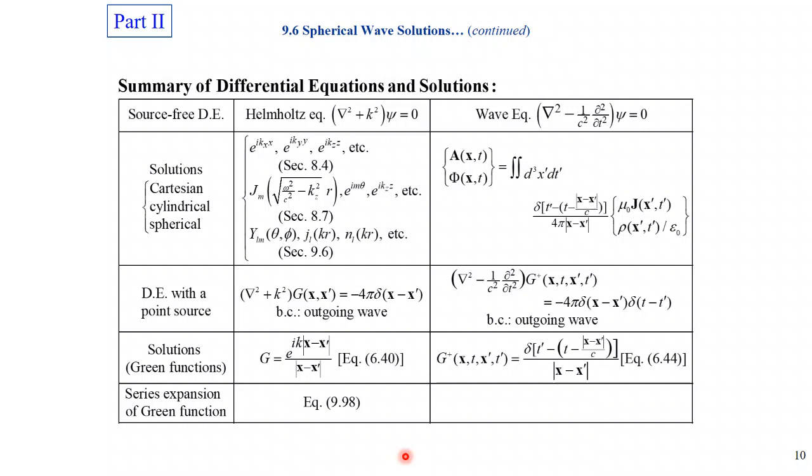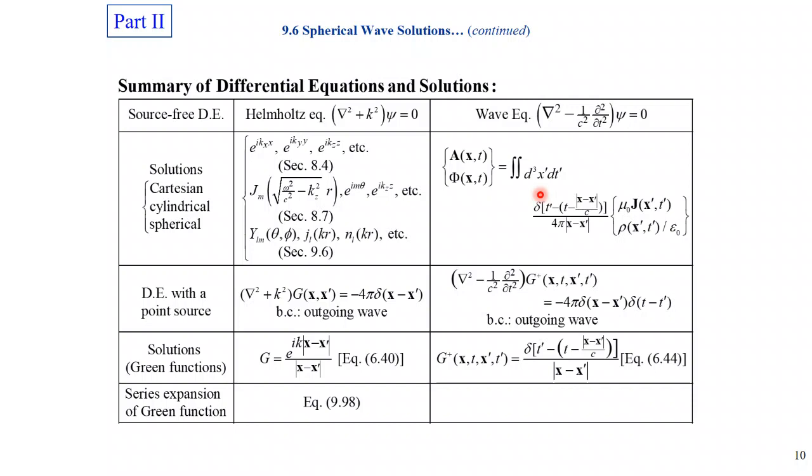We will compare another two equations. The first is the Helmholtz wave equation. The other is the time-dependent wave equation. In this case, we will consider a delta function in the solutions for cylindrical and Cartesian coordinates. Very similar. For this one, A(x,t), phi(x,t), we prefer to use a different notation.